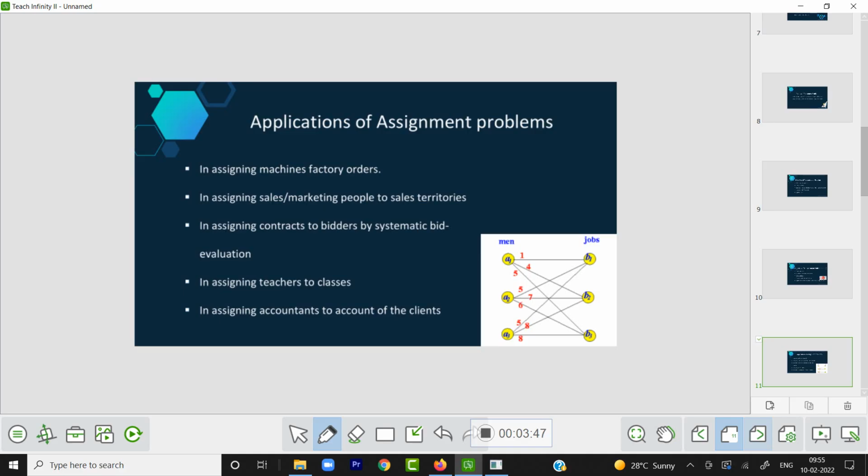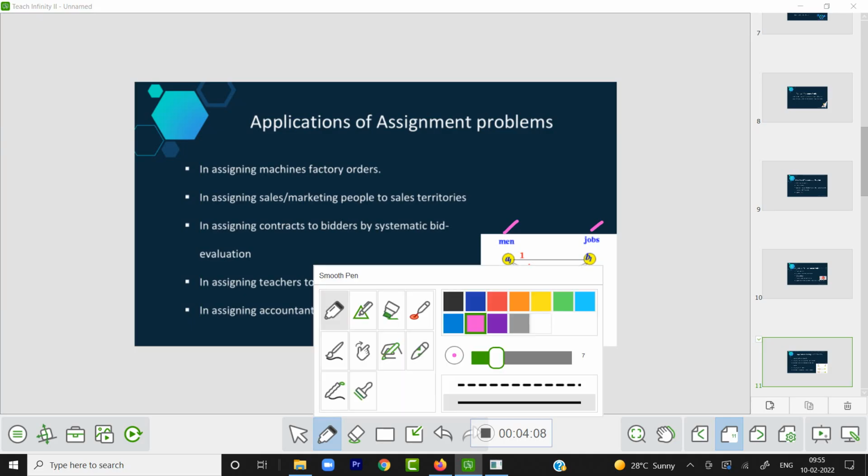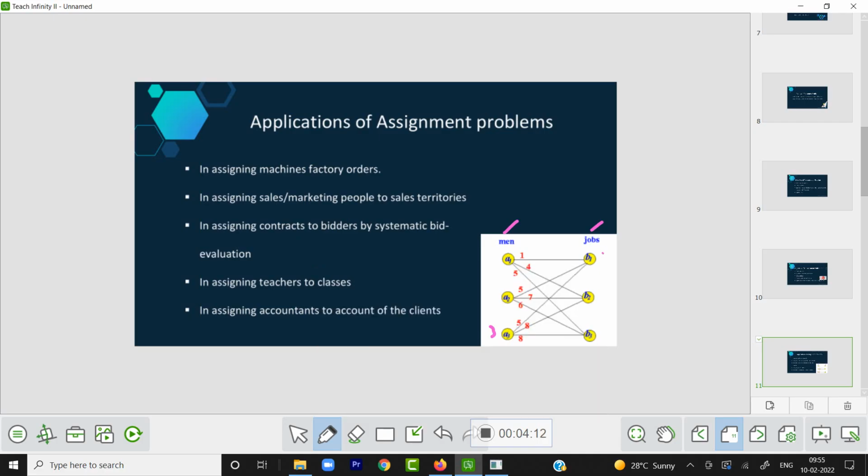Right. Once again, we are entering the mathematical model for the assignment problem. Here there are some men and some jobs. There are three jobs and three machines, so there are totally 9 possibilities, 3 into 3.